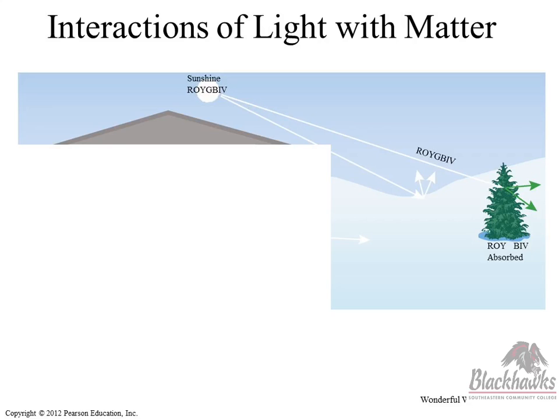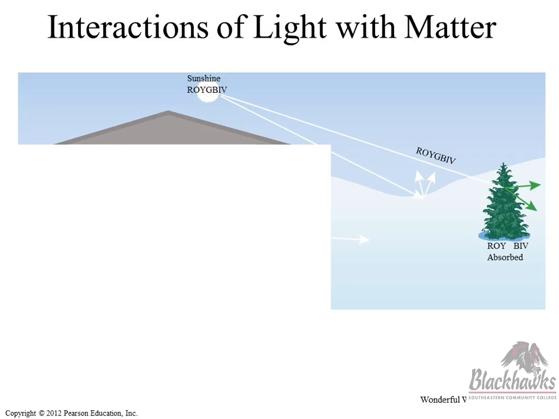So, what is black then? If something appears black, what does that mean? Do you ever wear a black shirt? Well, I know you probably do, but what happens if you wear a black shirt into the sun?